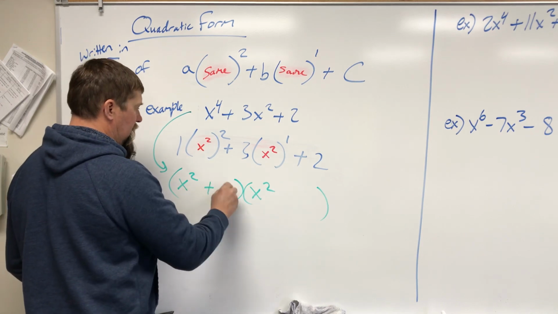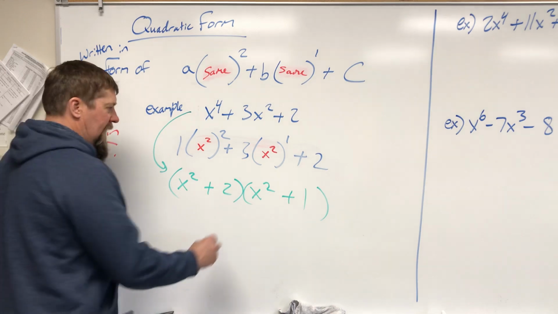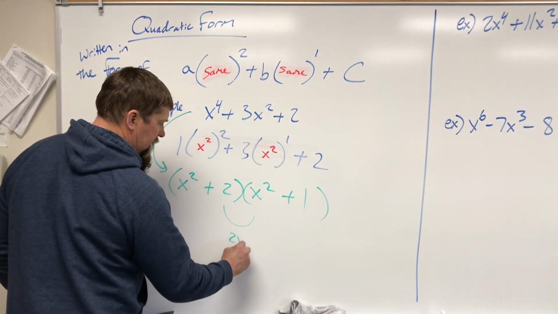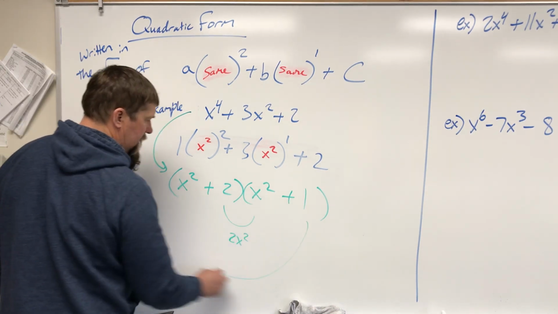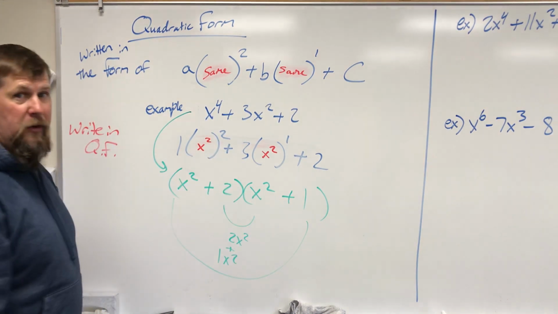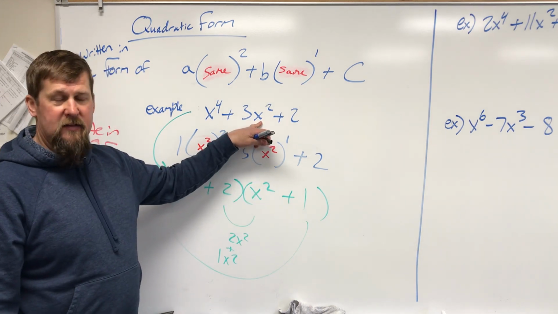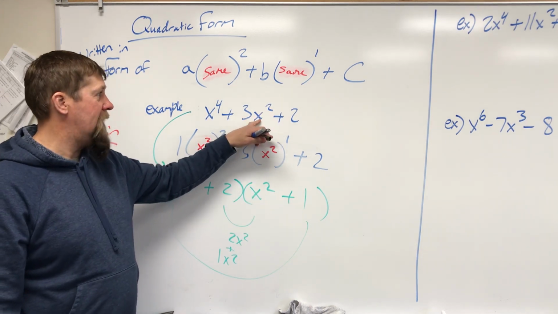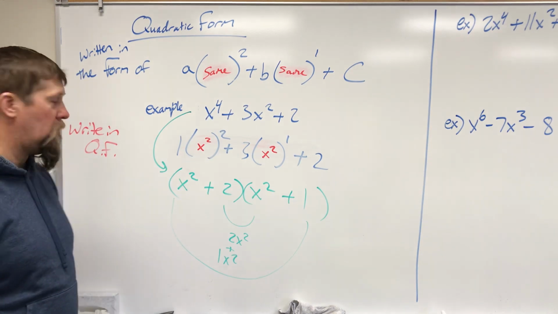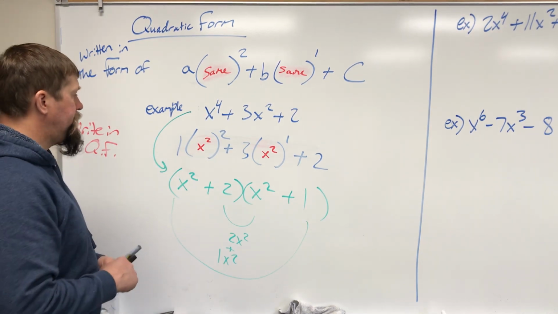So this is going to be plus 2 and plus 1. When I do the inside outside, these multiply to be 2x squared times 1x squared. They add together to be the middle, 3x squared. That's why the middle exponent has to be half as much as the first exponent. And if it is, it's in quadratic form.